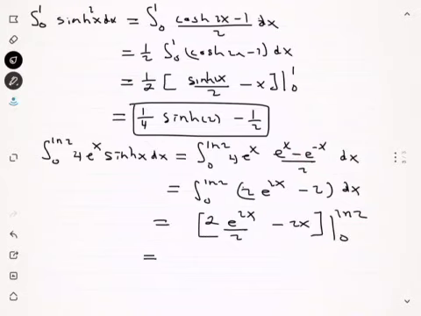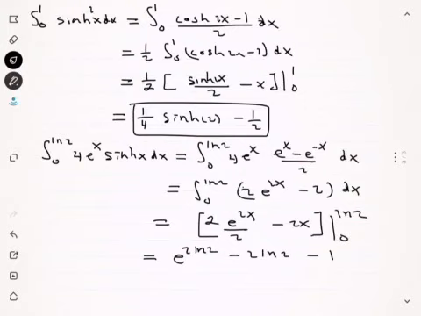Okay, so plugging in the natural log of 2, we get e to the 2 times the natural log of 2, minus 2 times the natural log of 2, minus 1, because when you plug 0 for x in e to the 2x, you get e to the 0, so you get 1.